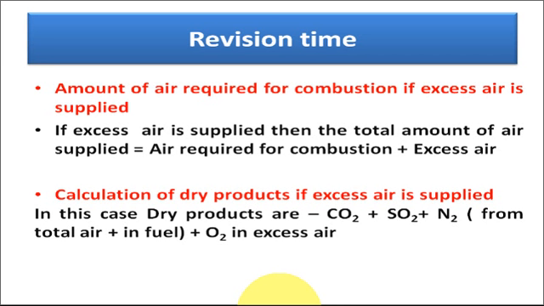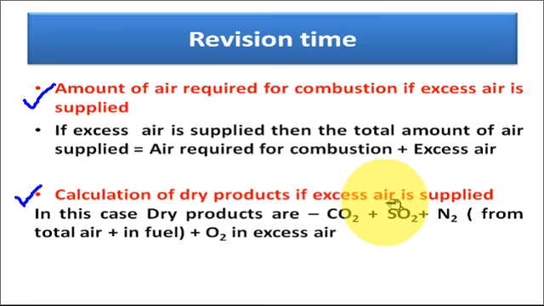Now, revision time. What we have learned in today's lecture: the concept of excess air supply. In case excess air is supplied for combustion, how we calculate the amount of air required for combustion, and how we calculate the percentage composition of dry product.